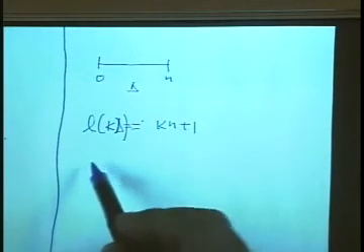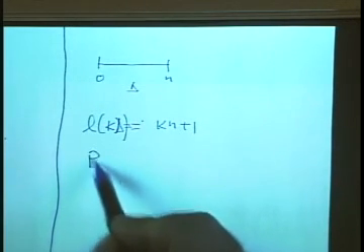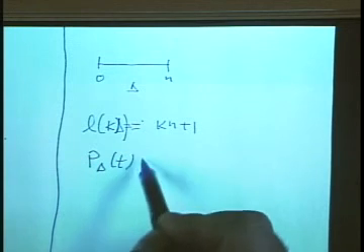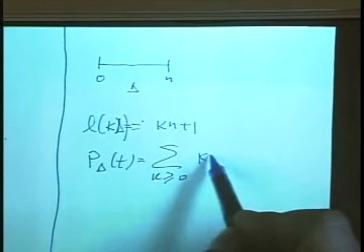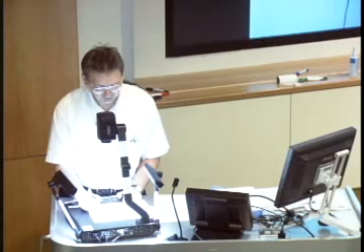Now you can write down this power series. It will be just a summation over k of (kn plus 1) times t to the power k. You can sum it in a very easy way.